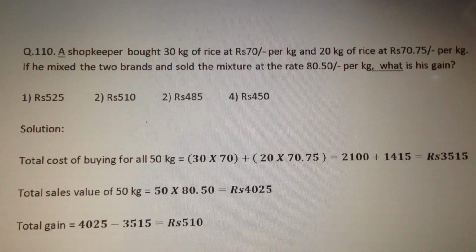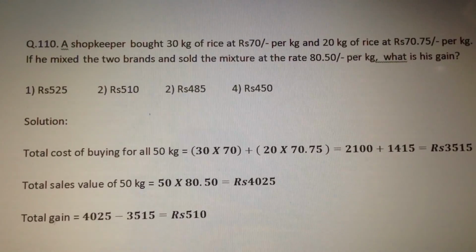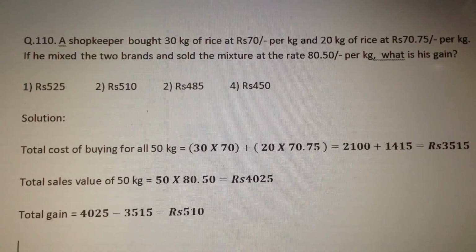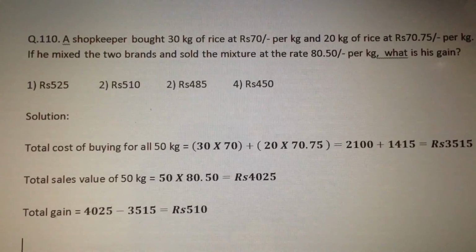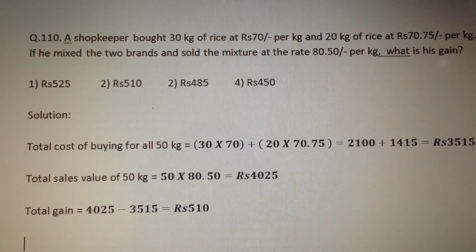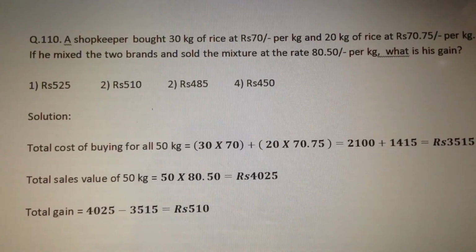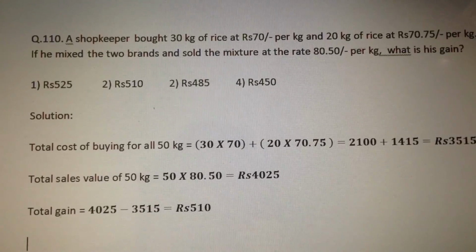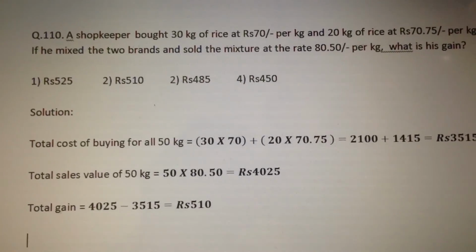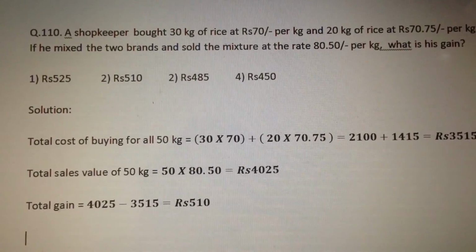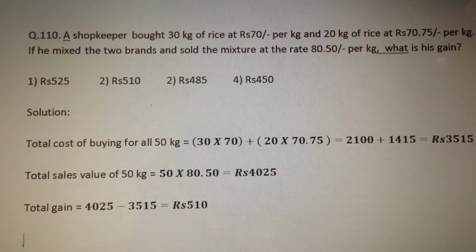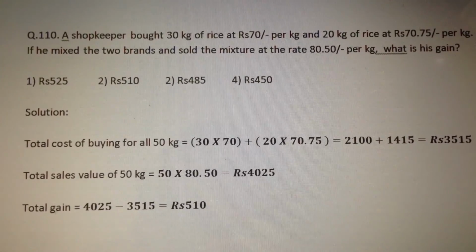Okay, question number 110. A shopkeeper bought 30 kgs of rice at rupees 70 per kg and 20 kgs of rice at rupees 70.75 per kg. If he mixes the two brands and sells the mixture at the rate of 80.50 per kg, what is his gain?